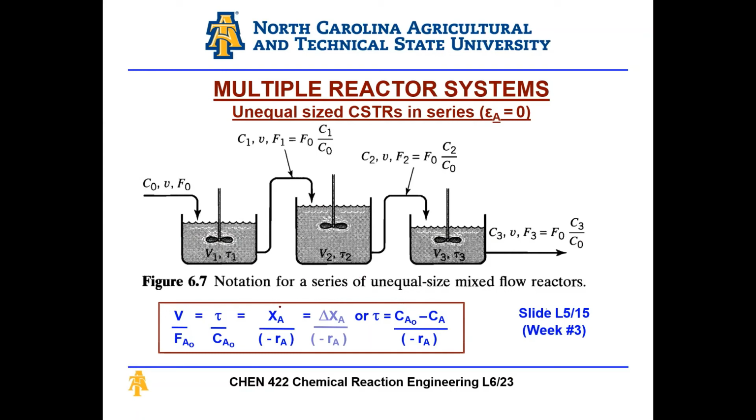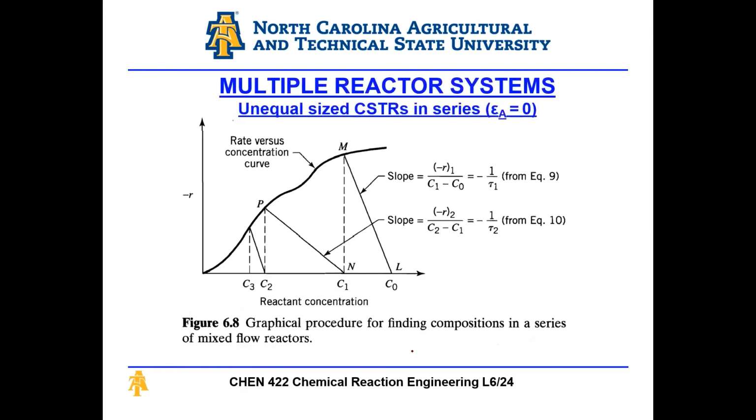So again, let's have a look at the performance equation for a CSTR. V over FA naught is equal to CA naught minus CA over minus RA. Always keep this in mind when dealing with whatever reactor you're dealing with. And in order to determine the performance of multiple CSTRs in series, you can derive it mathematically, of course.